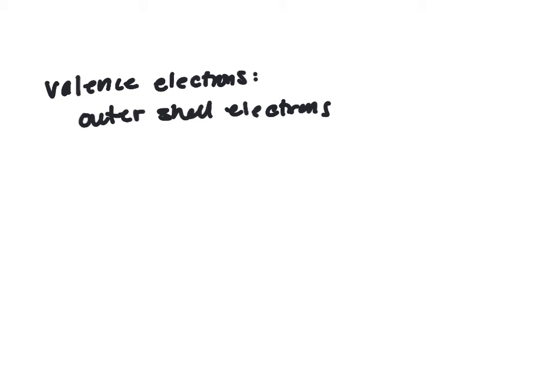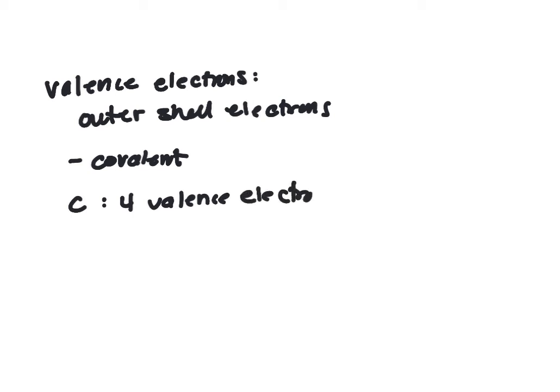Valence shell electrons are important because they participate in covalent bonds and they participate in chemical reactions. Carbon has 4 valence electrons. Remember, the number of valence electrons can be determined by the group number.